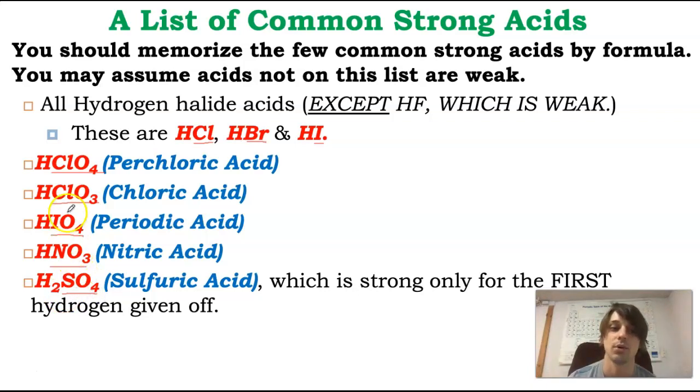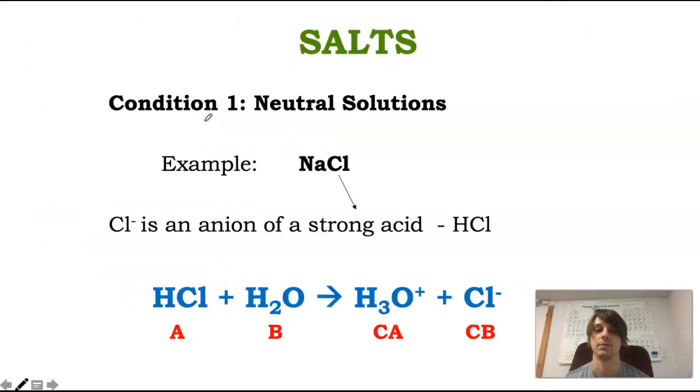And that's why it's important that you memorize these 8 strong acids, because you're going to be given questions about salts where you need to remember SO4 is part of a strong acid, therefore SO4 doesn't affect the pH, or Cl is part of a strong acid, therefore it doesn't affect the pH. And that's what today's homework is going to be on. Okay? All right. So, NaCl. NaCl, again, the Cl is a conjugate base, but it's such a weak conjugate base it doesn't matter.